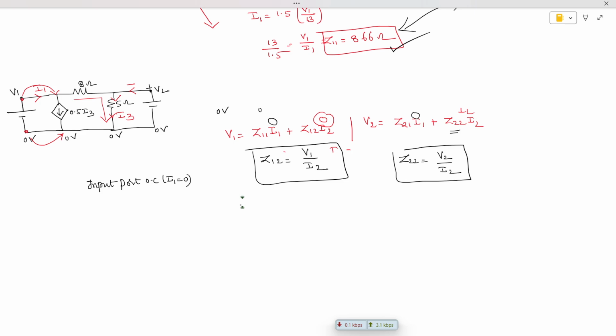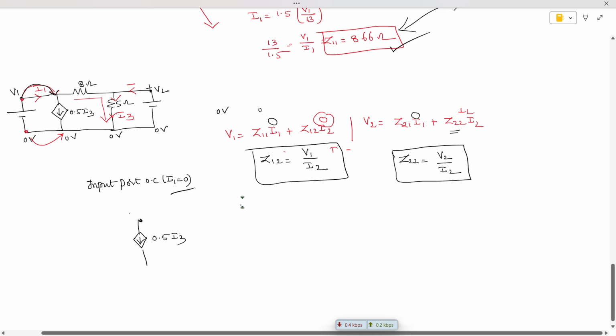You need to solve this. So when you see this network, input is open circuited. When input is open circuited, the network can be solved. This V1 will be transferred to this node. So we are going to have a dependent current source of magnitude 0.3 V1.